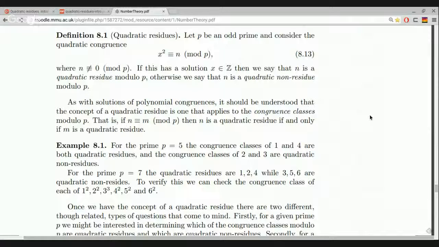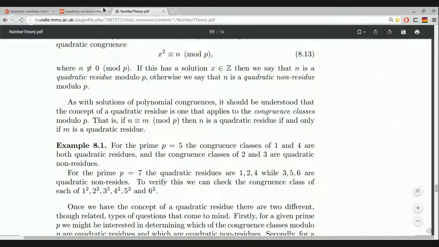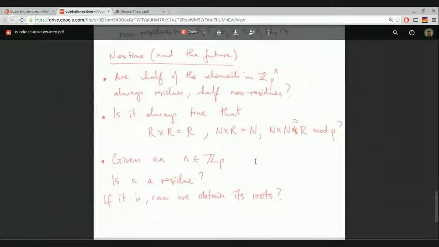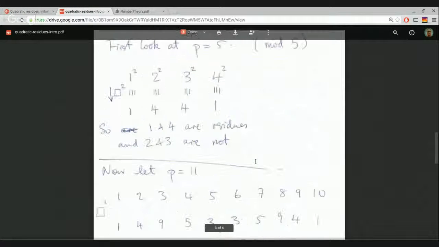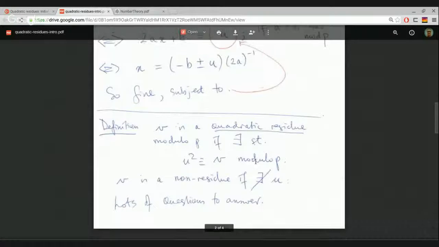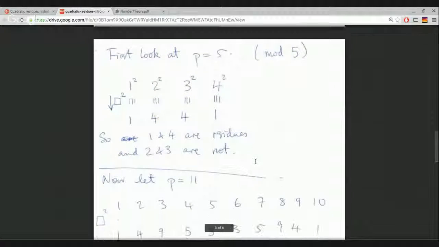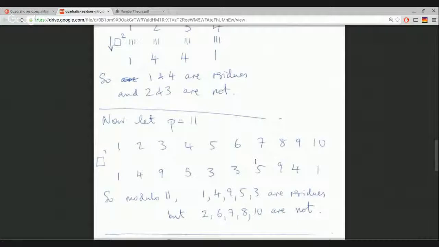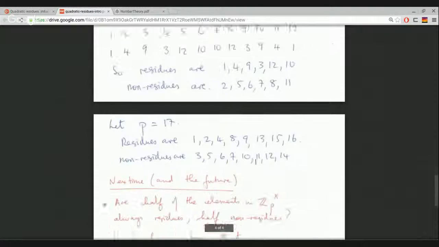Before we started getting into the theory of this, last time we looked at a whole bunch of examples. I'm not going to redo Monday's lecture, but we took a number of primes: 5, 11, 13, 17.